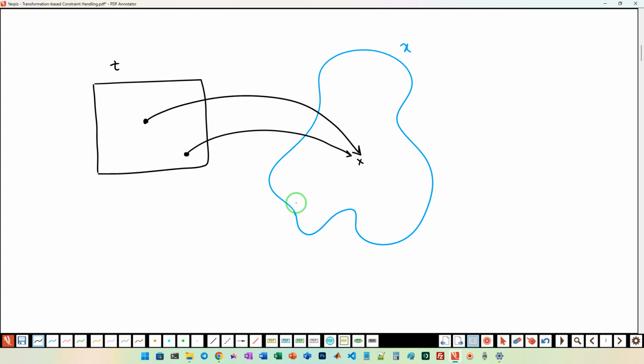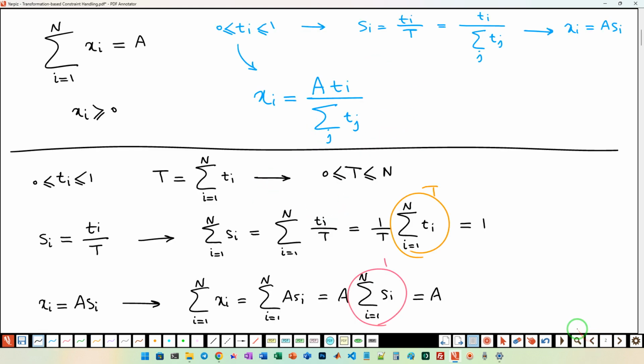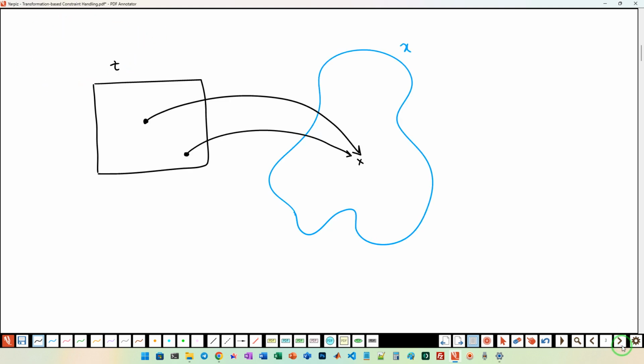But it's not a problem. It's not a one-to-one mapping, but it covers all of the X space. That's the important thing. You cannot, for example, miss anything. For example, here you can search all of this space, and that's very important. So this is our first method to handle equality constraints.